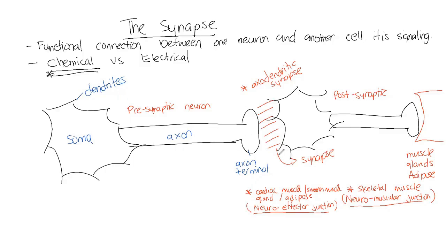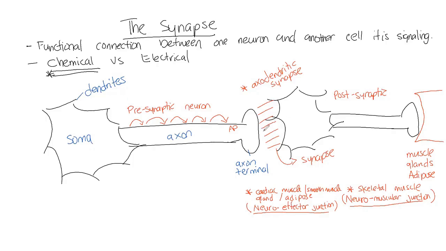And so what we see here is that the electrical energy that was traveling down the axon. So remember we had this conduction of action potentials leaping from node to node if this were myelinated, or just moving from segment to segment if it were not. But when the action potential gets to the axon terminal, we have to convert this electrical energy to something else in order for it to travel across this synaptic communication.